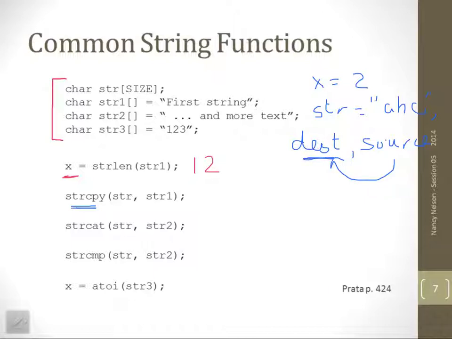So here we're going to copy what's in string 1 into string str. When this second instruction is complete, str, which is my destination string, is going to have first string in it.